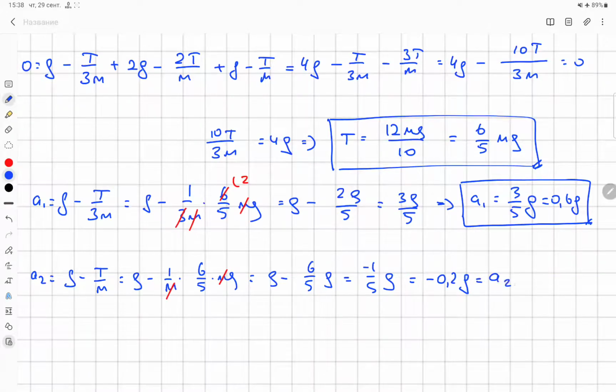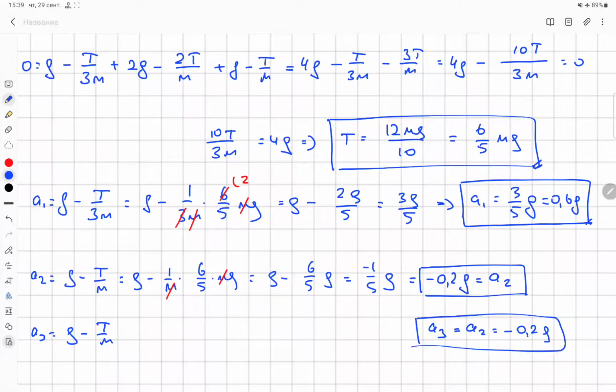This is a2. And a3 is also equal to a2, because a3 has the same equation, negative 0.2 g. So as you see, a2 and a3 are negative. It means both the object in the middle and the object at the right will move upward with acceleration 0.2 g.